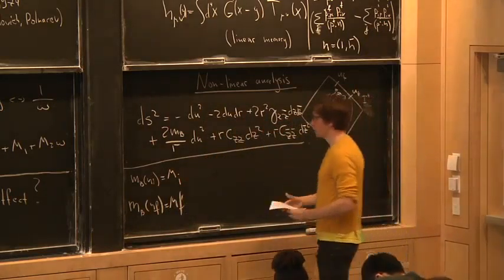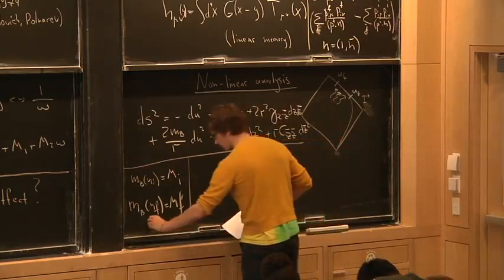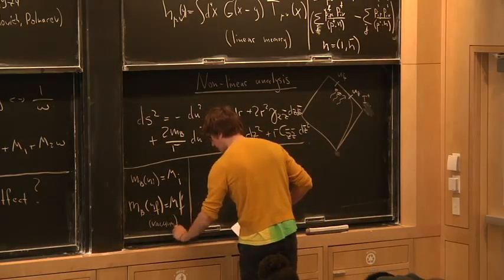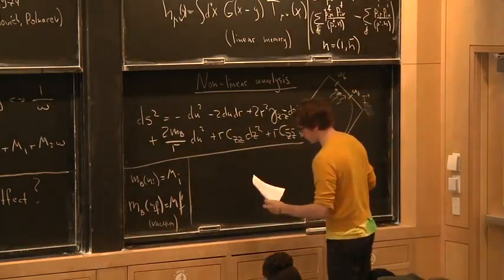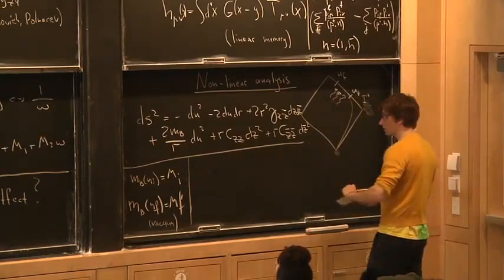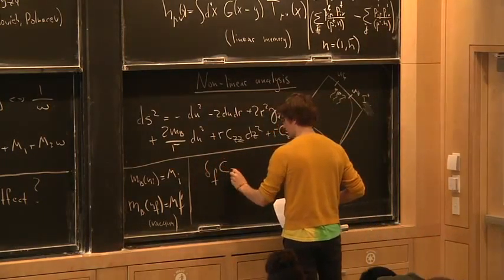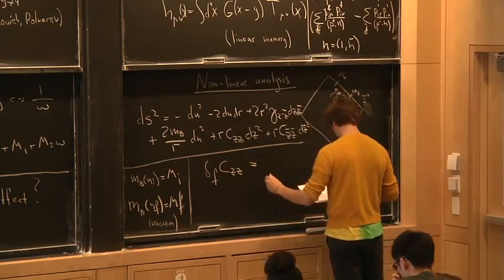Then, as you learned, in general, this vacuum state is not unique, and it's characterized by a so-called supertranslation. And under supertranslation, this C_zz takes the following form.